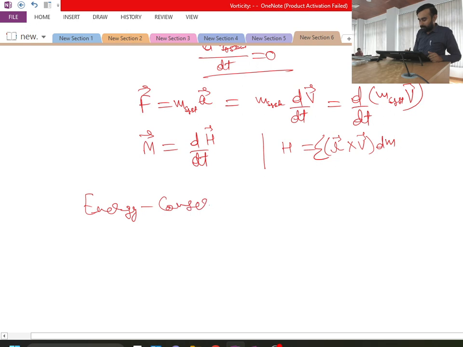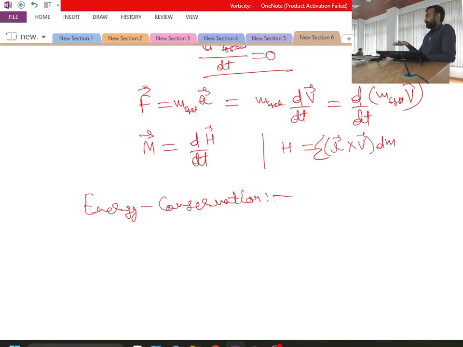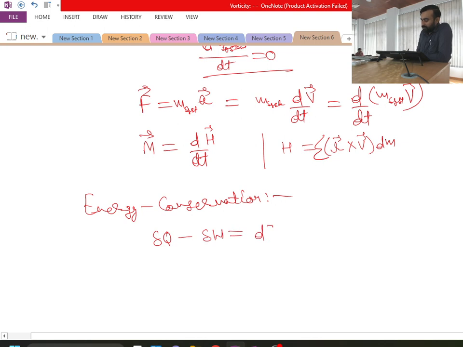And what is energy conservation for the system approach? The first law of thermodynamics is nothing but energy conservation. So the first law of thermodynamics tells us del Q minus del W is equal to dE. So this is my third important law.